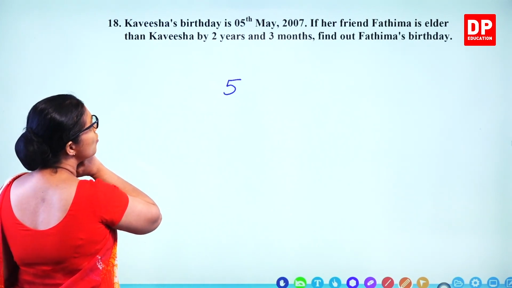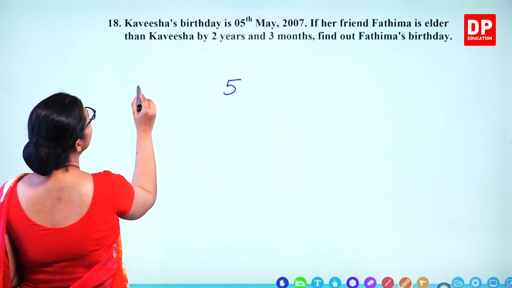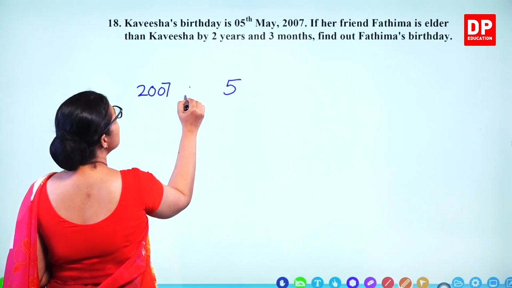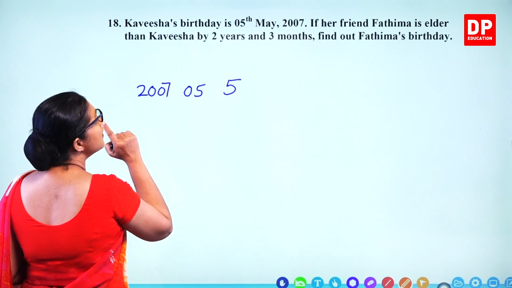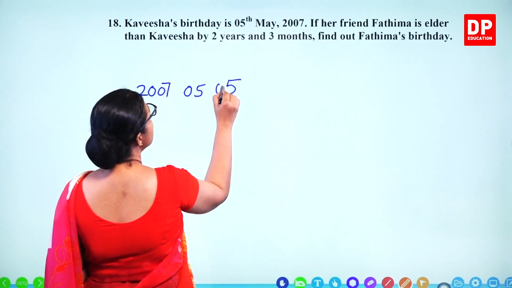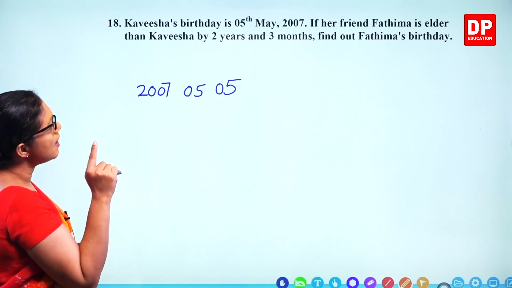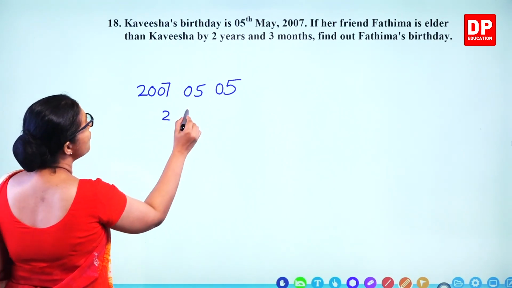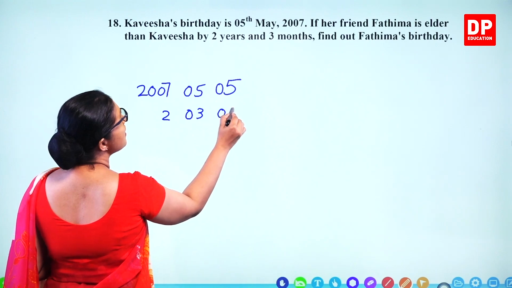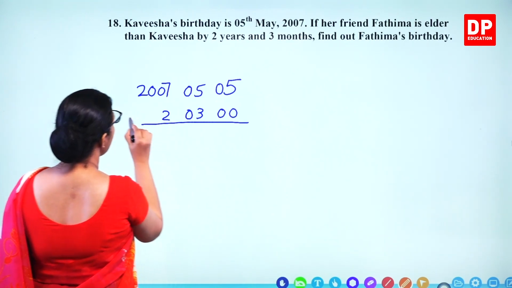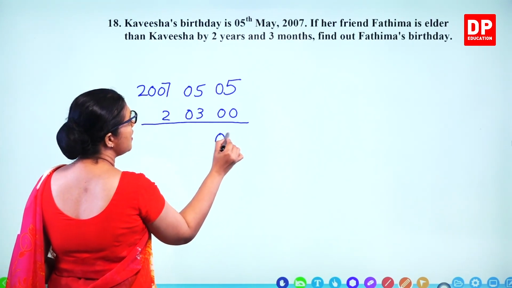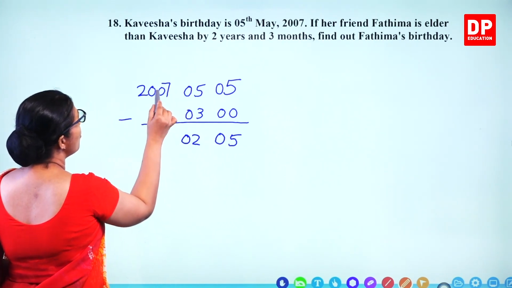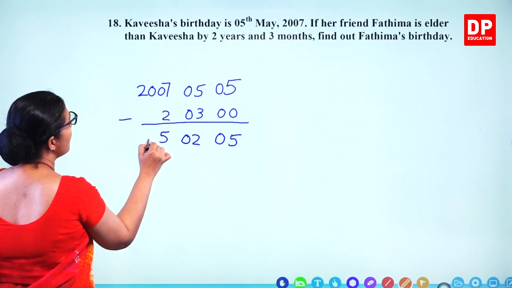So, what's the date? 2007. May. May means 05 and 5th 05. And we'll subtract 2 years and 3 months. 0 days. What happens here? You get 5 here. 5 minus 3, 2. 7 minus 2, 5.